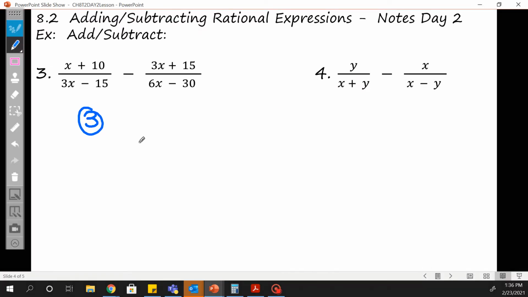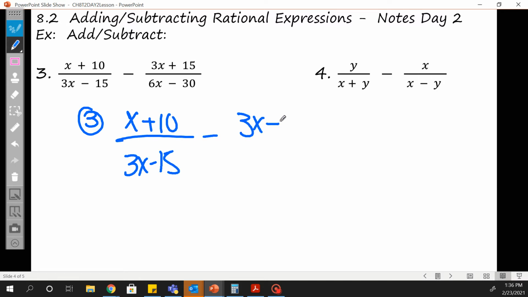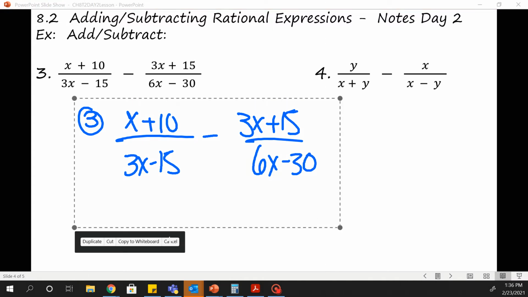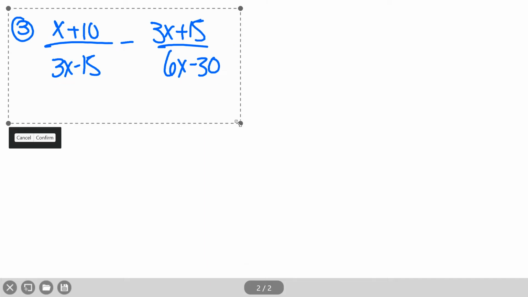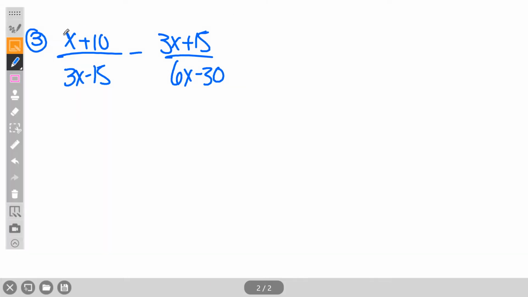Number 3: x plus 10 over 3x minus 15, minus 3x plus 15 over 6x minus 30. I prefer to put parentheses around the polynomials when I start so that I don't accidentally think that they are factors. I'm going to start by factoring the denominators.